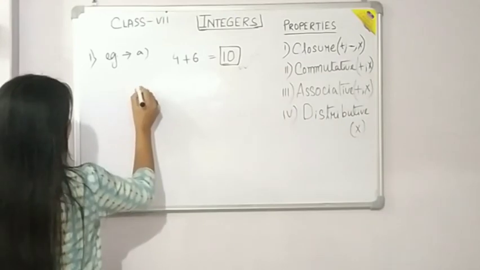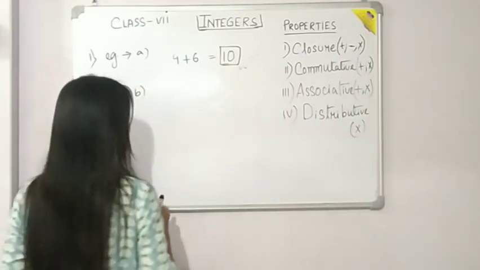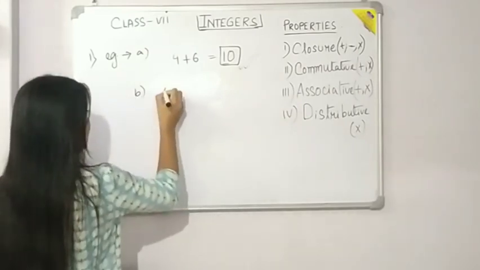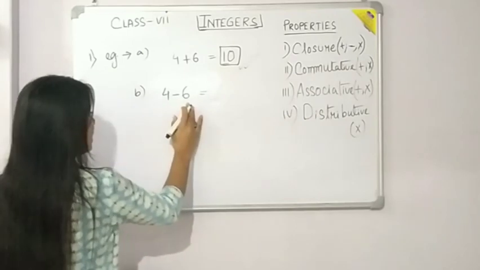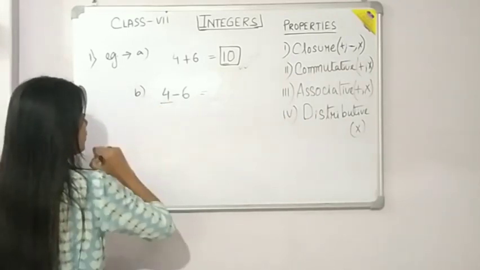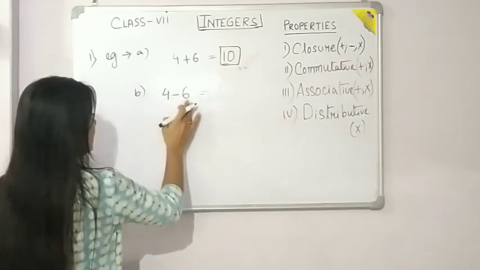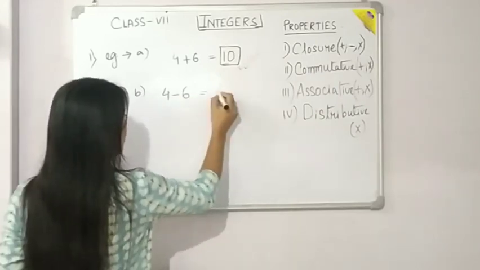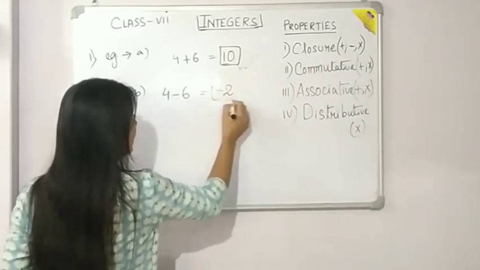Now next, the subtraction of any two integers will also again be an integer. Let us see, 4 minus 6. 4 is an integer, 6 is also an integer, and subtraction of two integers will always give an integer. Minus 2 is also an integer.